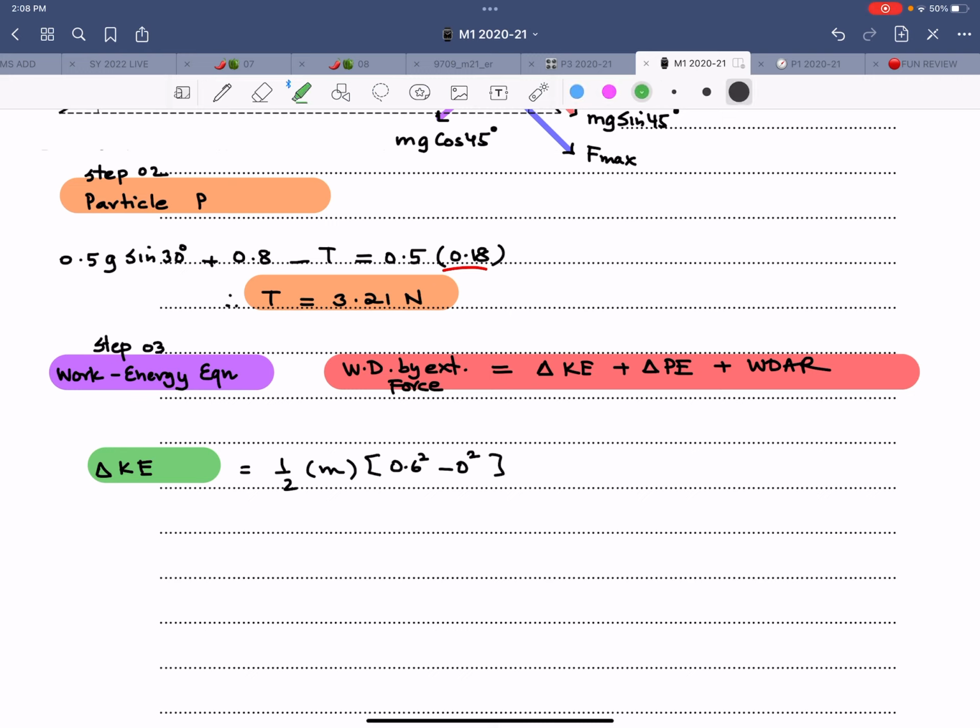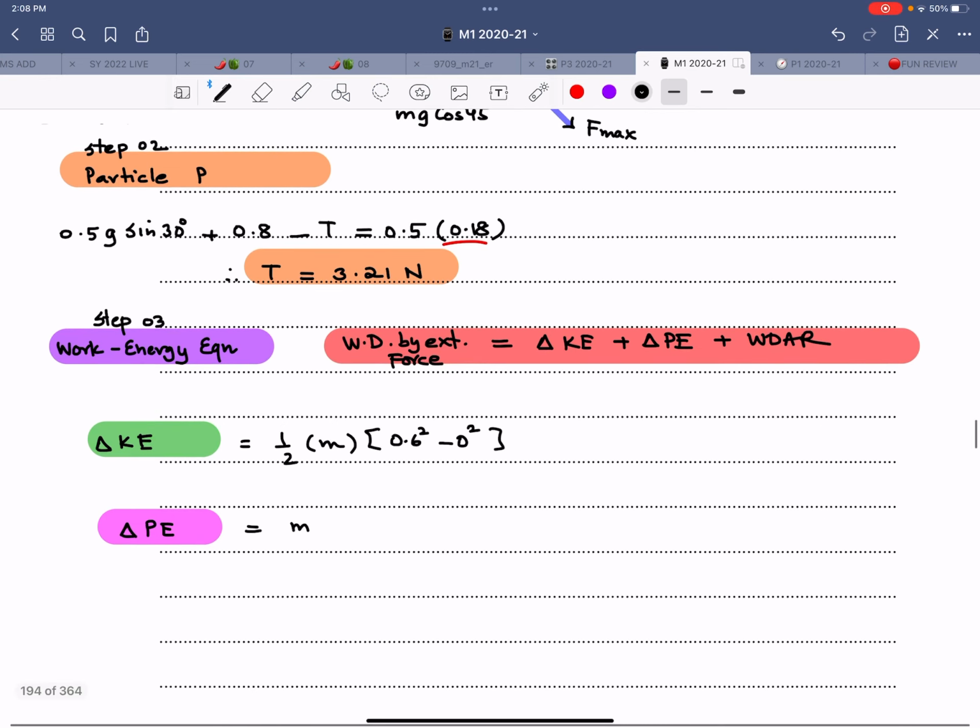Second thing, that is the change in potential energy. So therefore, the change in potential energy, that is equals to m and g, and cosine, actually sine, 45 degrees into distance along the plane, that is 1.0 meter. So this is mg sine theta into distance along the plane.